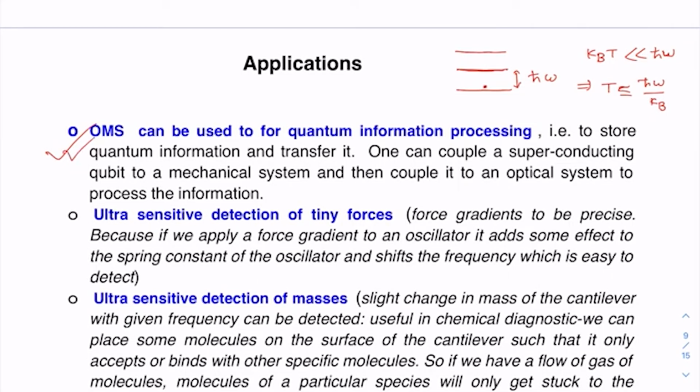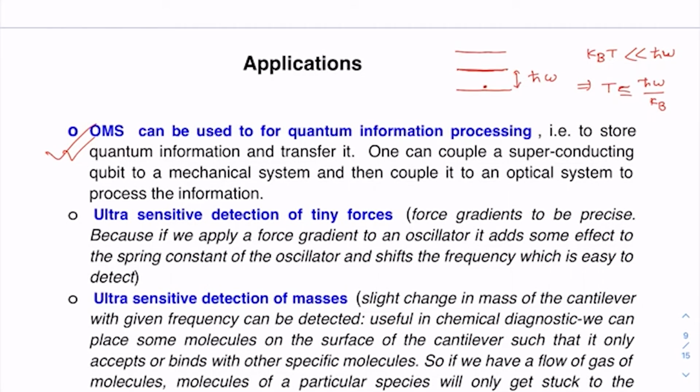In fact, this is going to be one of the topics in this course when we are discussing optomechanics, how to cool a mechanical oscillator to its ground state. And there are other applications. For example, one can have ultra sensitive detection of tiny forces.